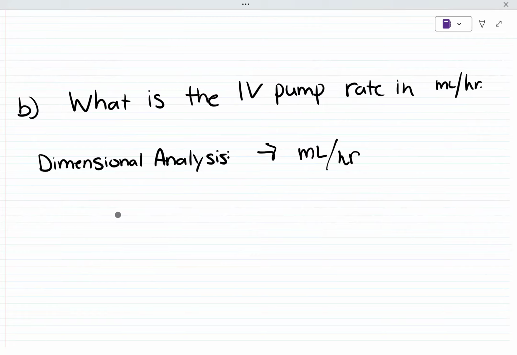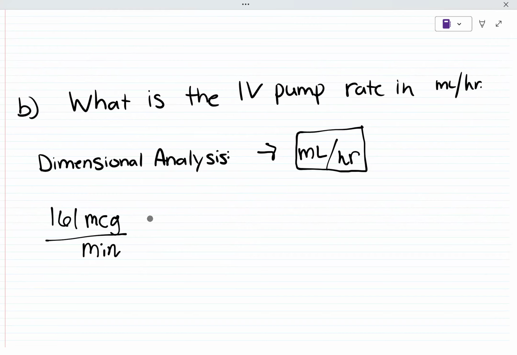Okay, so let's do this dimensional analysis. Start with the answer from part A. Our answer from part A was 161 mcg per minute. And somehow we have to get into milliliters per hour. So how do I do this? I'm going to multiply. What do I have to do?